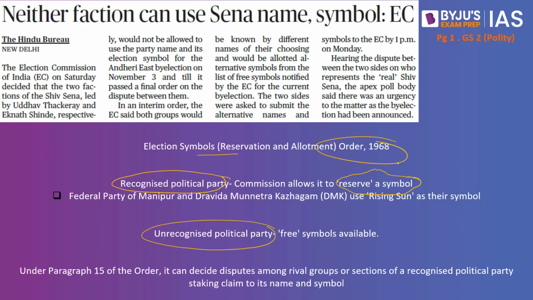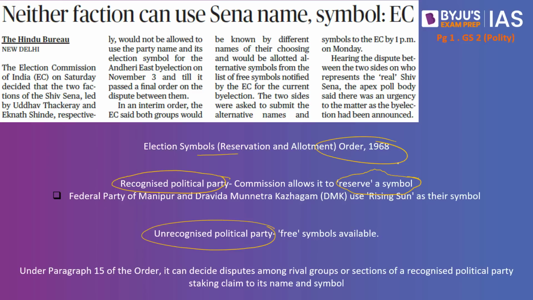For this particular party restricted to that state, no other party in that state would be able to use this symbol. This means that a recognized political party at the state level will have a unique symbol. Does this mean another political party in a different state cannot use this symbol? No. Another registered political party in a different state can use this symbol.